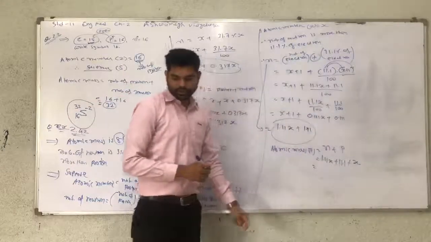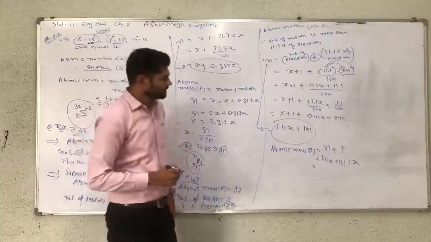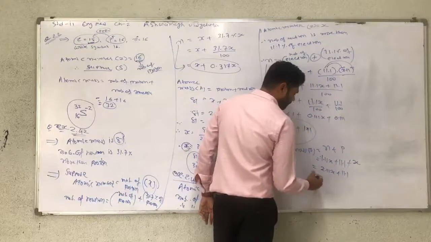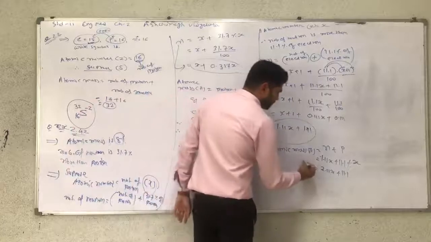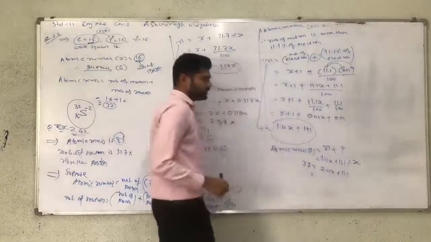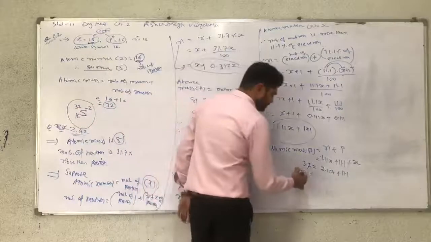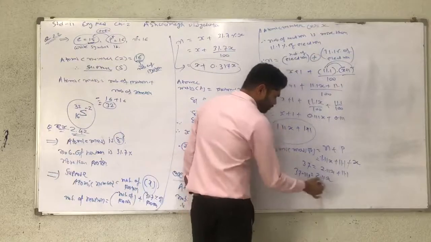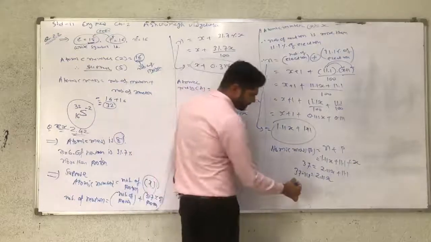So adding, 1.111x plus x gives 2.111x, plus 1.111. The atomic mass given in the question is 37, so the plus sign is converted into a negative sign: 37 minus 1.111 equals 2.111x.